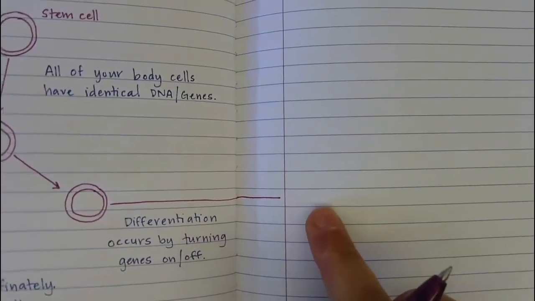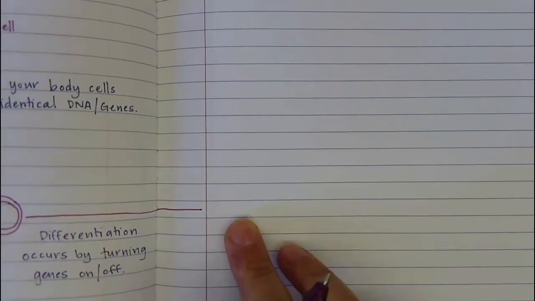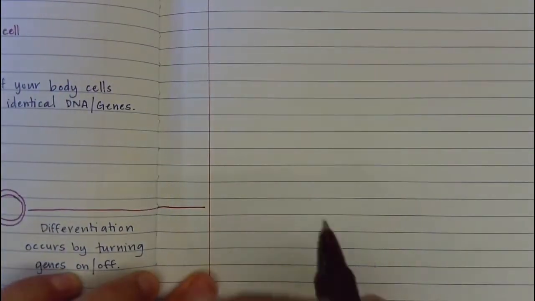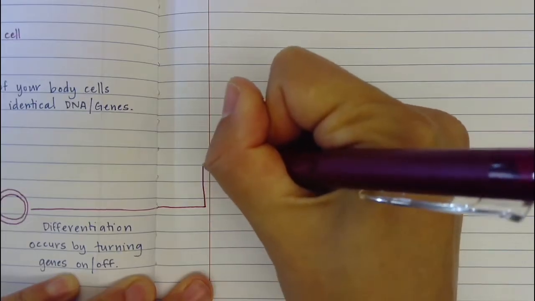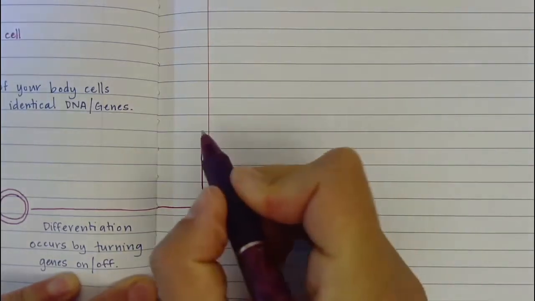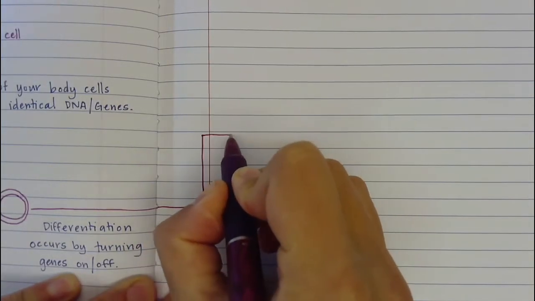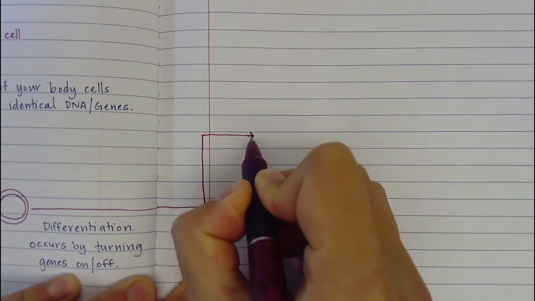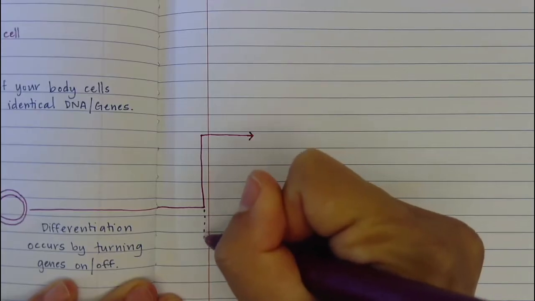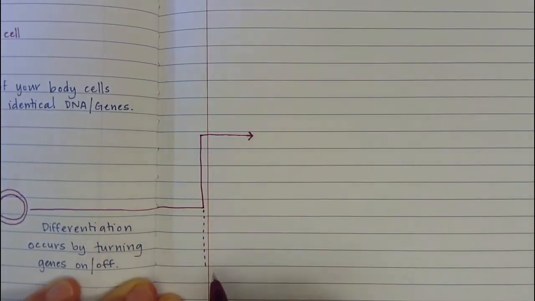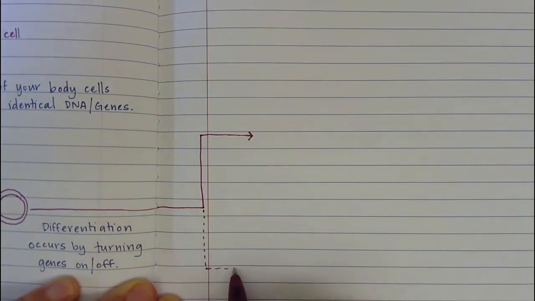Some genes are going to turn on and some genes are going to turn off. And this process is going to result in the cell going down a path to become a specific type of cell. Now, if different genes had been turned on, then the cell would go down a different path.